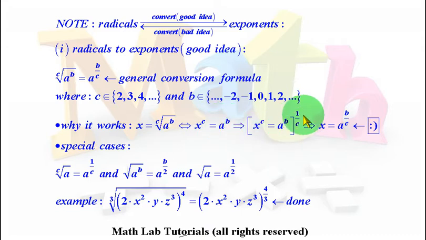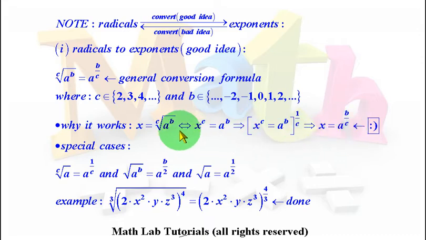If we surround this equation with brackets and we raise both sides to the power 1 over c, which we can always do, then on the left we get x to the power c times 1 over c. Well, you know that c times 1 over c is just 1, so we get x. On the right hand side, b times 1 over c becomes a to the power b over c.